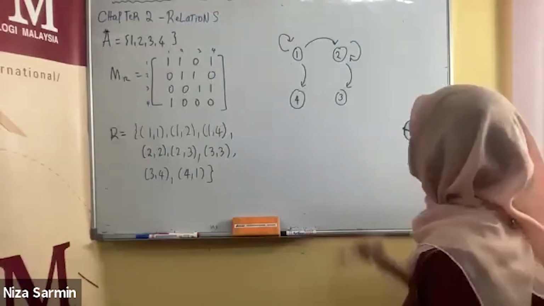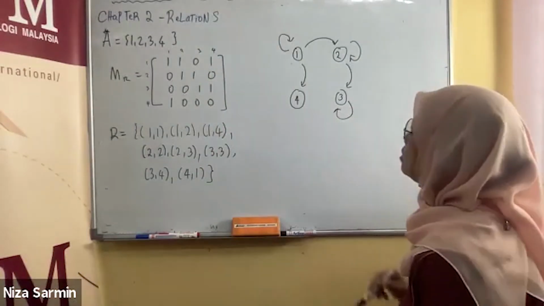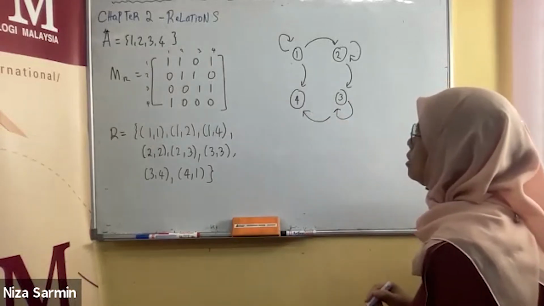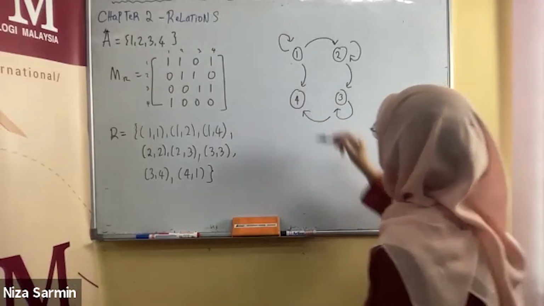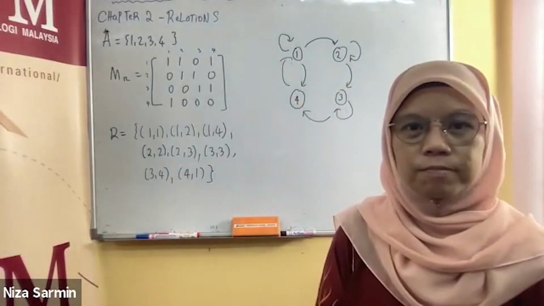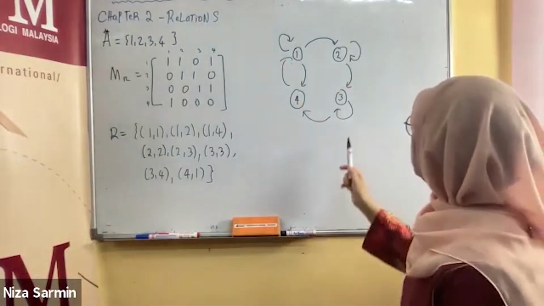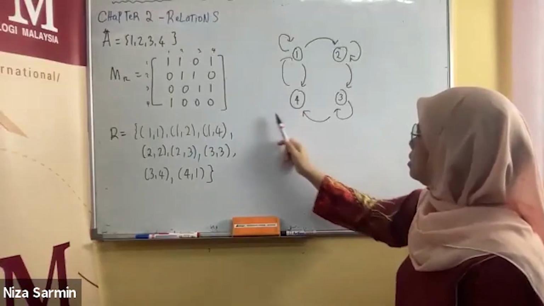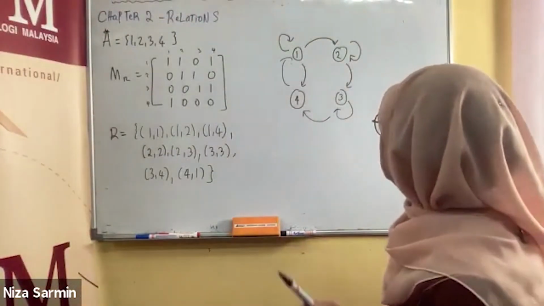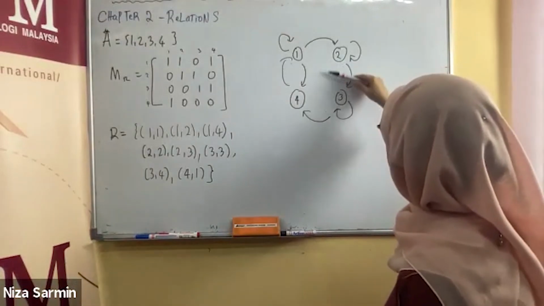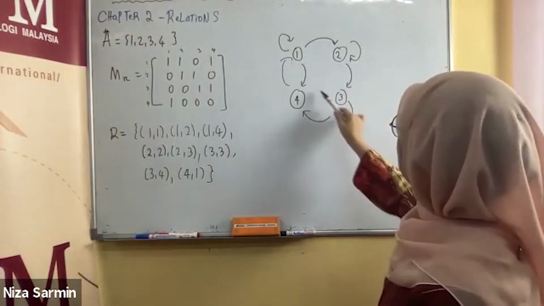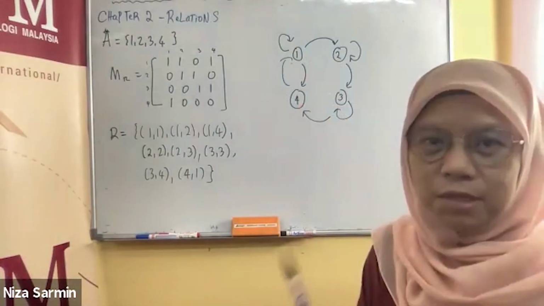And then you have 3 to 3, 3 to 4, and then there is 4 to 1. Okay. So you see there is no loop here. So it is not reflexive. It is not symmetric because you don't have a 3, 2 here, right? Or you don't have a 2, 1 here. Or you don't have a 3, 4 here. 3 reasons, but just put 1.